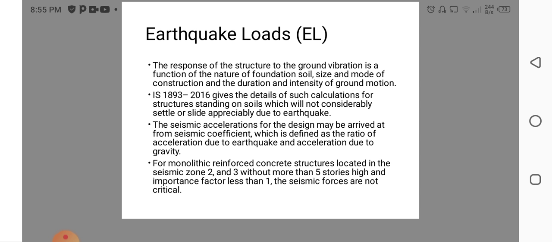Seismic acceleration for the design may be arrived at in the form of a seismic coefficient, which is defined as the ratio of acceleration due to earthquake and acceleration due to gravity. For monolithic reinforced concrete structures located in zones 2 and 3, not more than 5 storeys high, and with importance factor less than 1, the seismic forces are not critical.